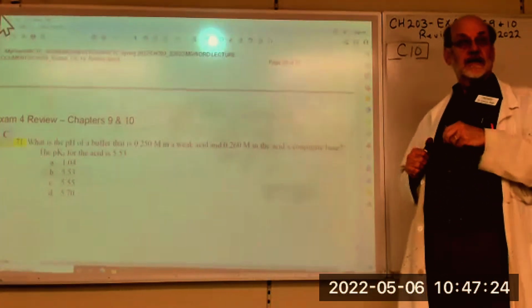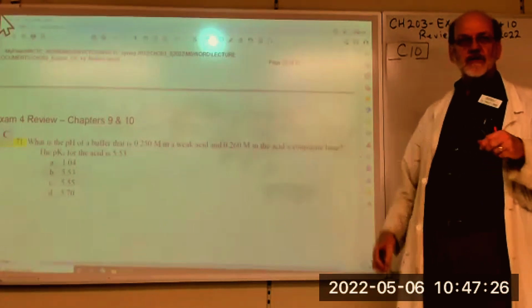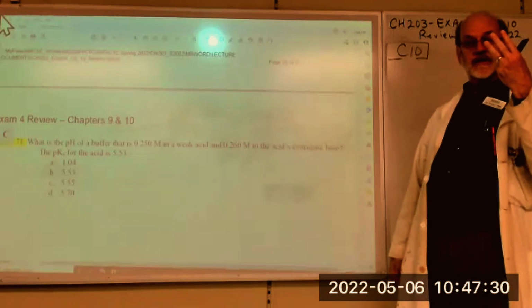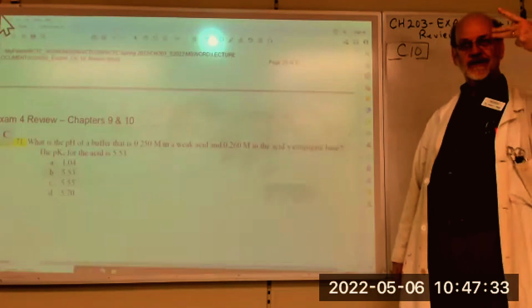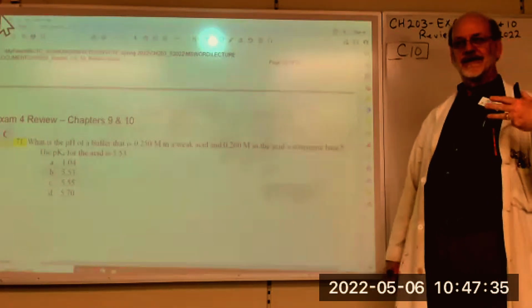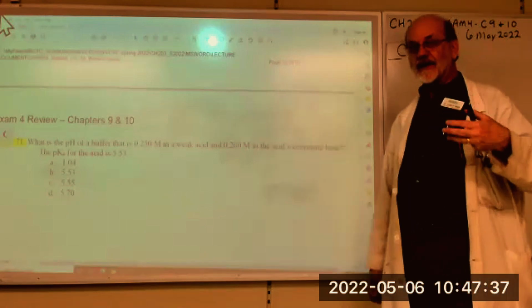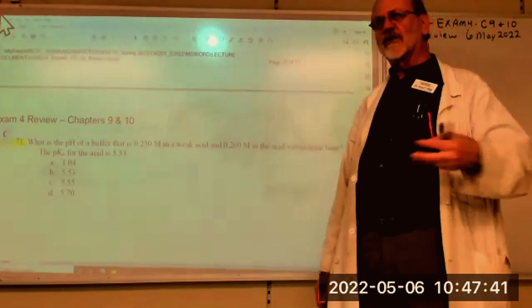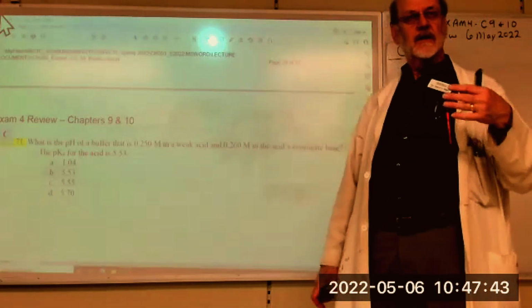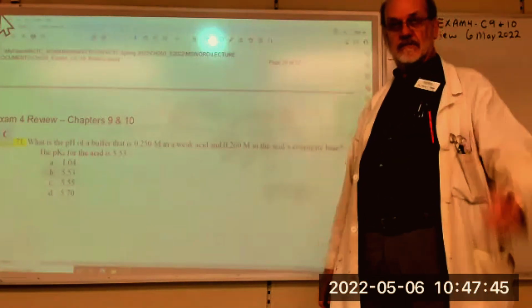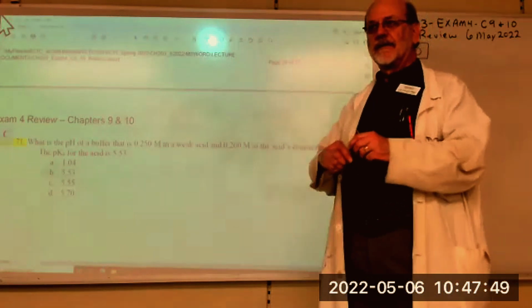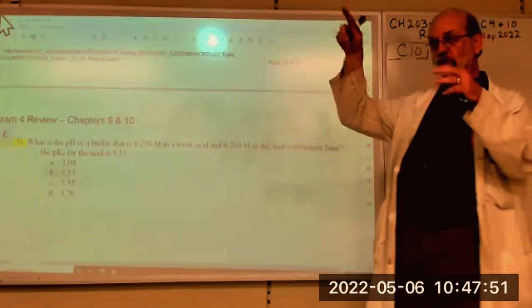Phosphoric acid. How many buffers can you make out of that? You can make 3 different buffers because it's got 3 protons and they're all weak. So a lot of biochemical buffers that are used in cell cultures and other types of things are based upon phosphoric acid. They call them phosphate buffers. And they just adjust them in which range.